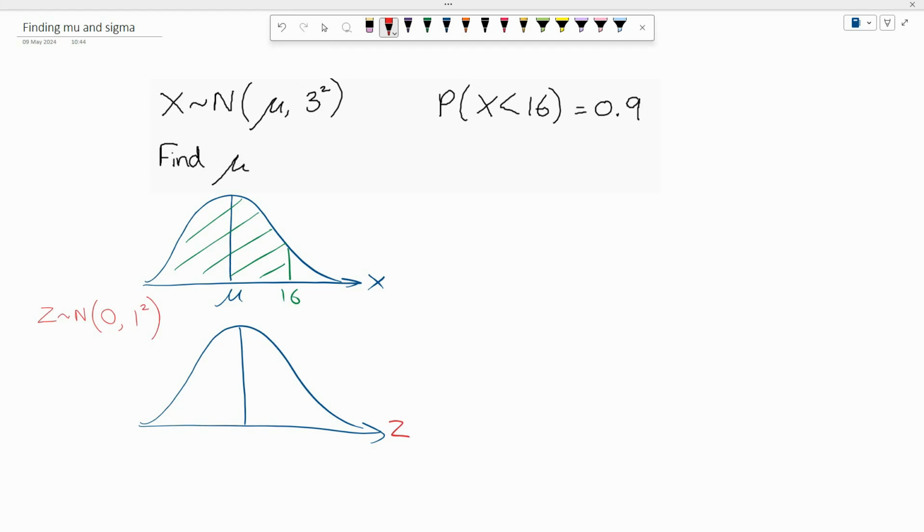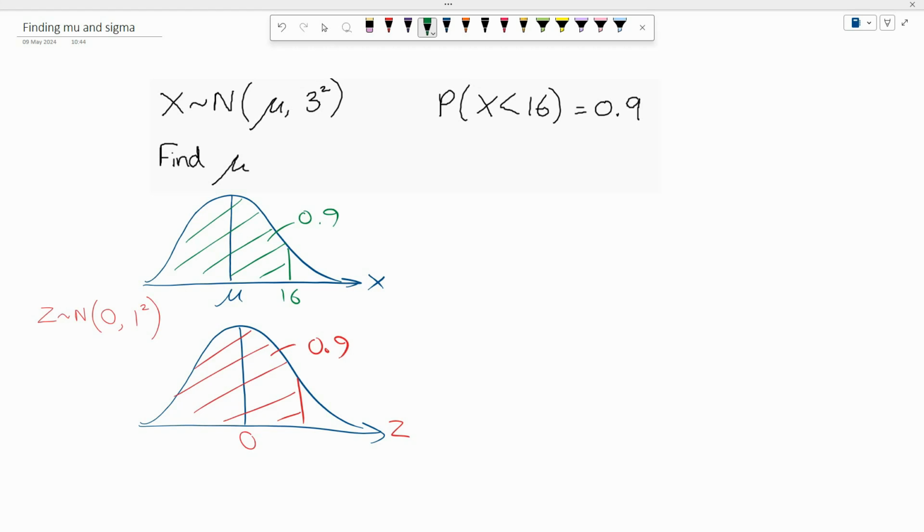So this is the z. If we try and create exactly the same picture, if we put a 0 here, what we're looking at is how many standard deviations above the mean gives us a probability of 0.9. So I forgot to write that there. So how many standard deviations above the mean do we get 0.9?